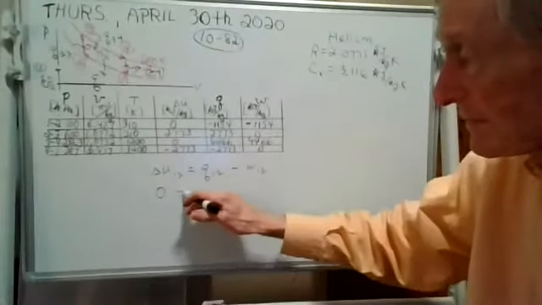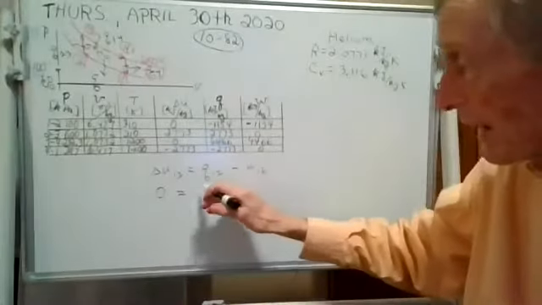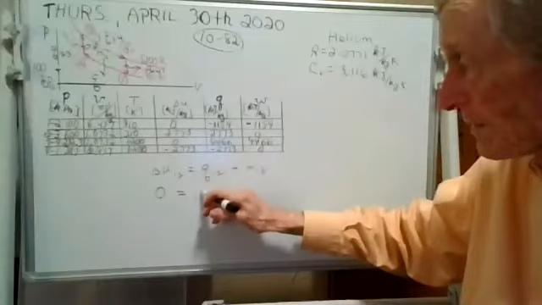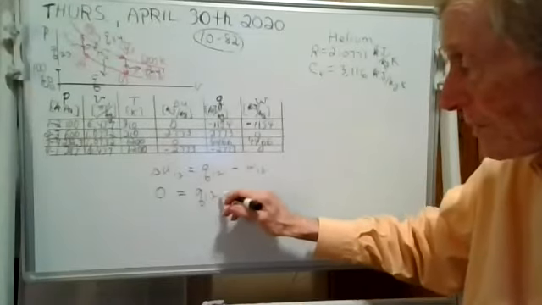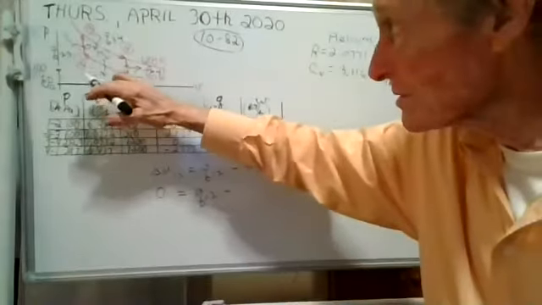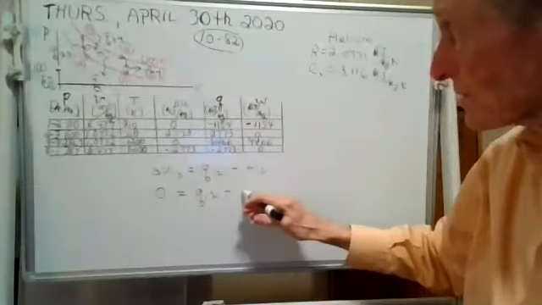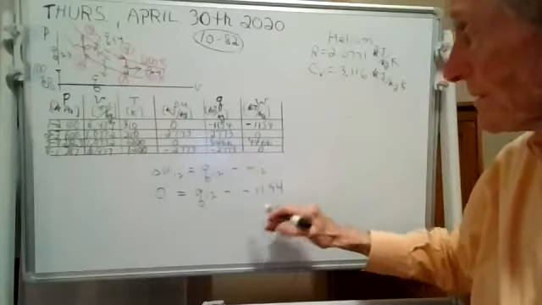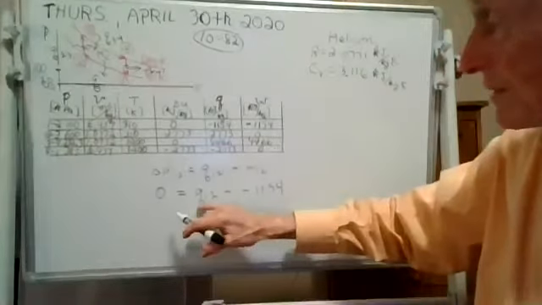Since it's negative and that's already a negative, it makes it a positive, like in that equation. Well, let's see if it works. Now the work is negative because it's compression. So the work is negative 1154, which means the q has got to be negative.